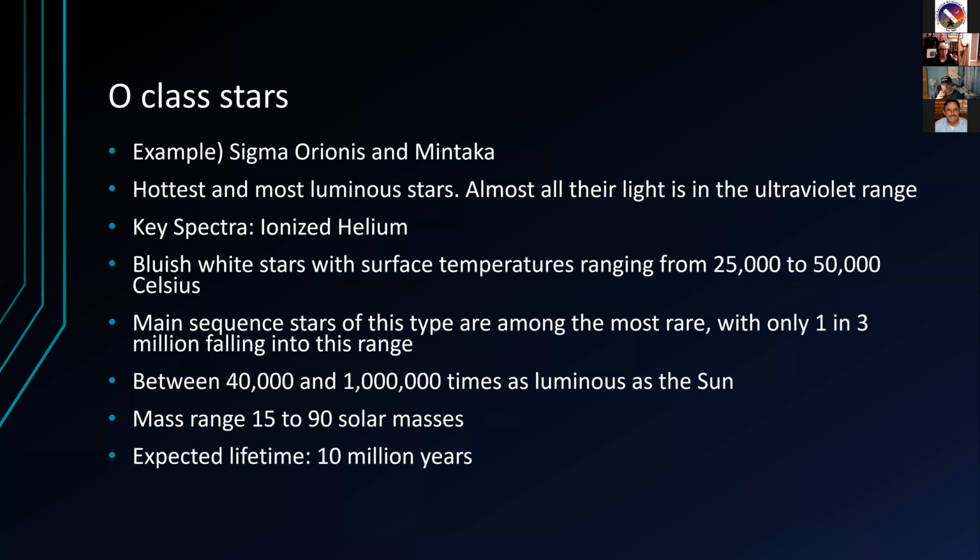These stars are around 40,000 to 1 million times more luminous than the sun. They have very short lifetimes, typically living at most 10 million years before they explode, typically as supernovas, and some of them even turn into black holes. The mass range of these stars typically falls between 15 to 90 times that of our sun.